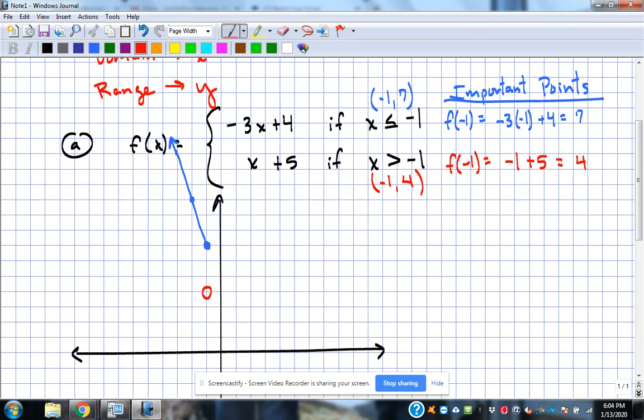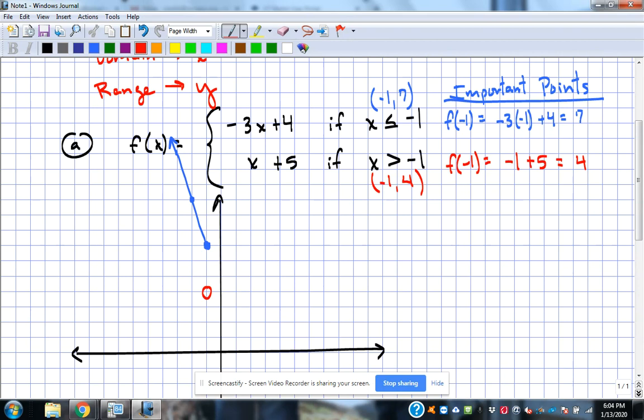Okay. Now, it looks like x plus 5 for every x value that's bigger than negative 1. So I could either think, okay, this is a linear equation with a slope of 1, or I can plug in x values that are greater than negative 1. It doesn't matter which way I do that, I'm going to get the same picture.